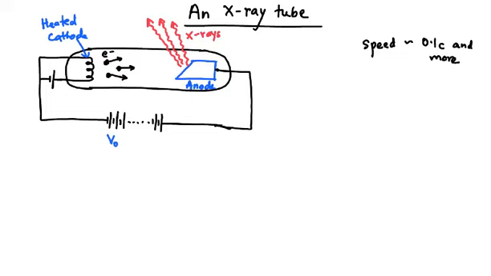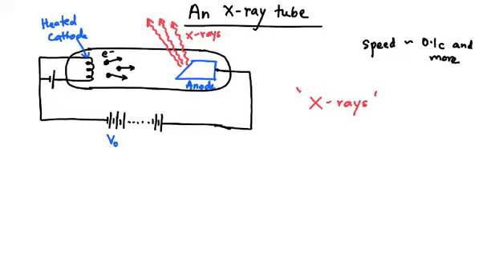X-rays are produced when the electrons crash into the anode and are brought to an abrupt stop. It is found that most of the rays are emitted near 90 degrees to the electron's path, and for this reason the anode is usually tilted to encourage the X-rays to exit in one direction, as shown.